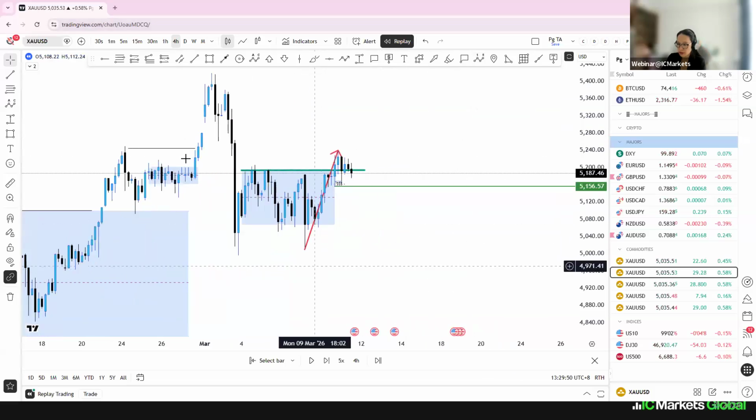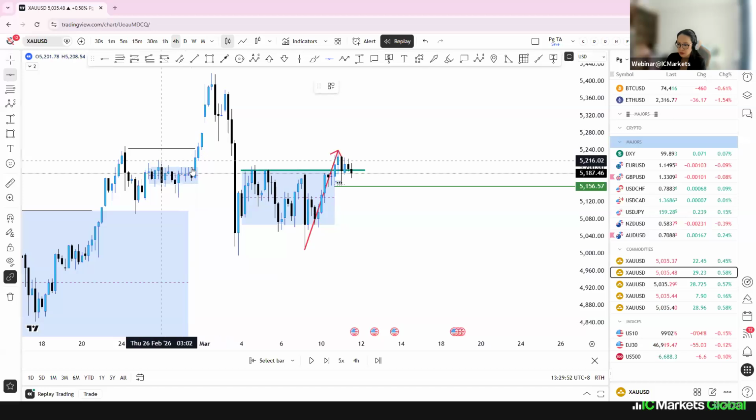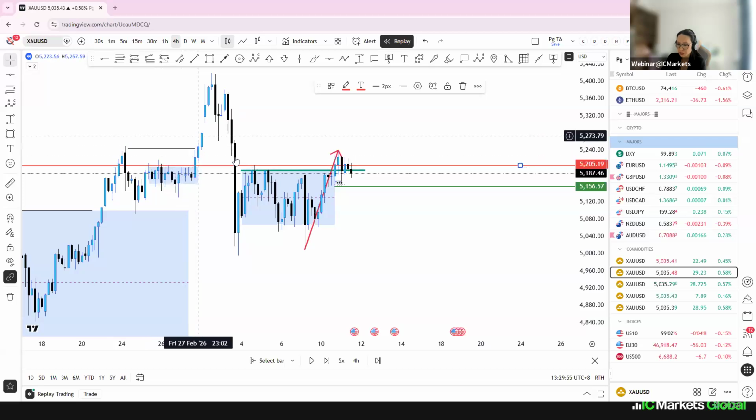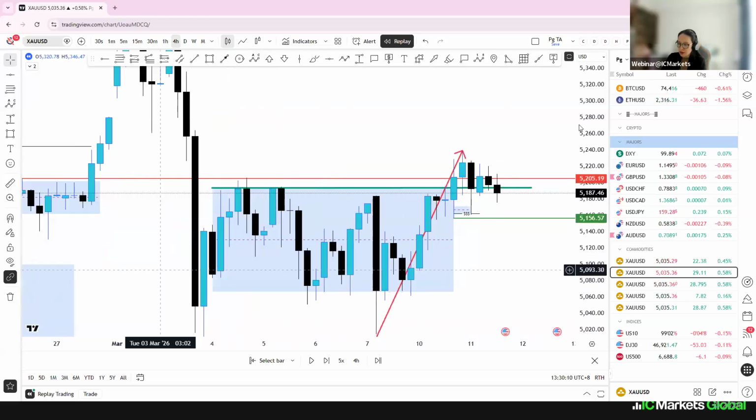This is our resistance. Break above, it becomes a support level, right? You see that? It broke out, this is a strong candle. After it pulled back, it became our resistance level. Look here very closely.